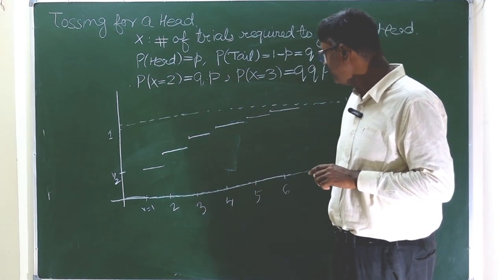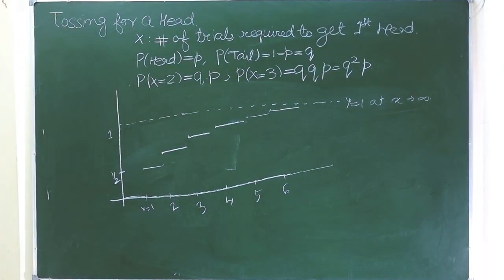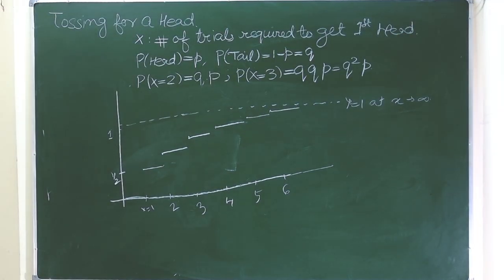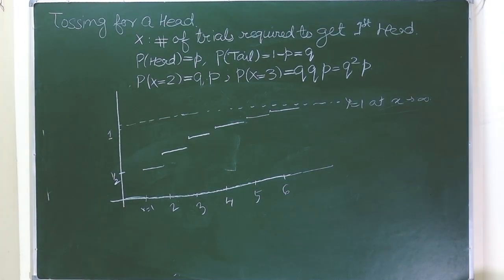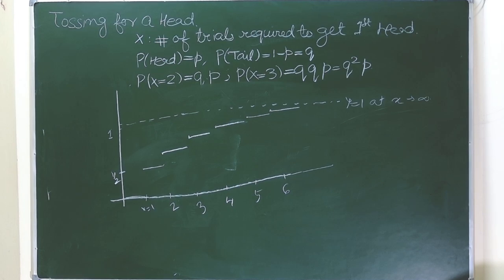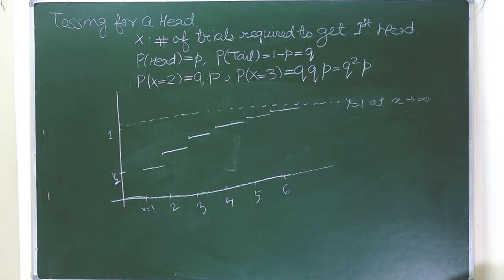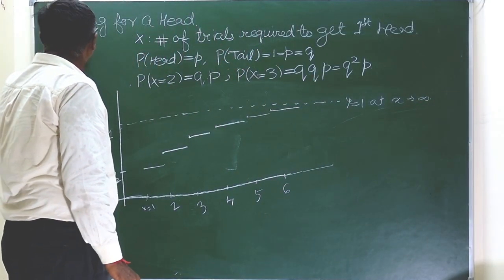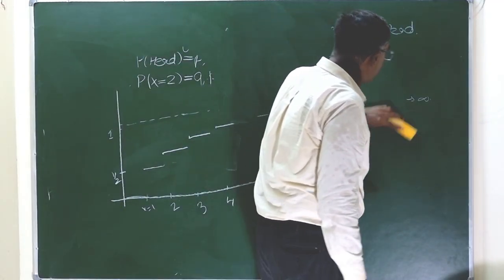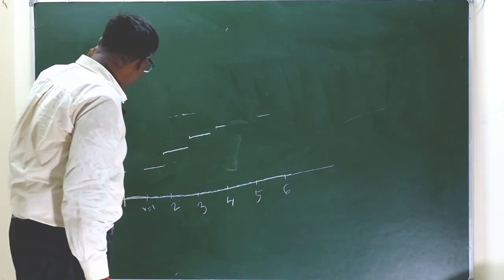You can note it down. So this is the way the geometric distribution is defined, and now we will take another example.